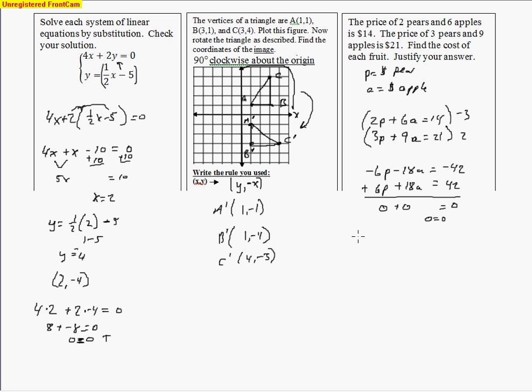So the costs can't be determined because the equations are the same.